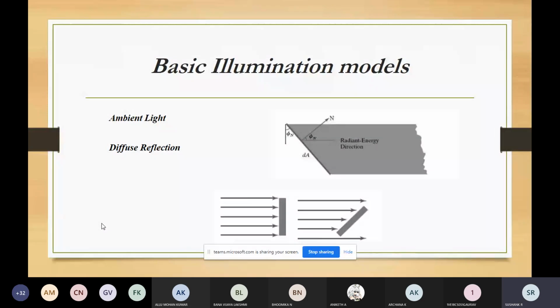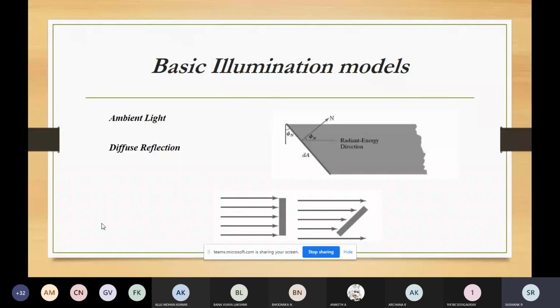You can see the image. We're passing some light. If the light is incident on that, some part of it will be absorbed and some part of it will be reflected. So this ambient light will produce lighting which is the same for all the objects, and it will calculate the diffuse reflection from those illuminated surfaces.